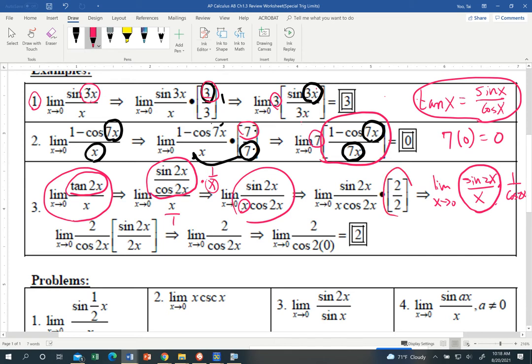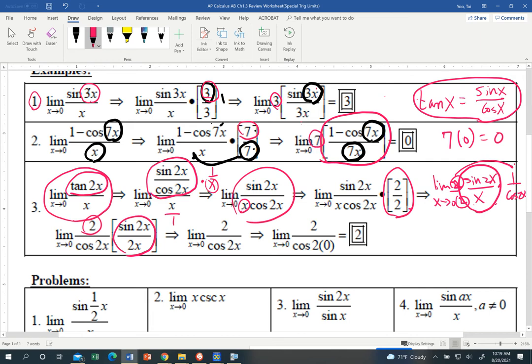You need to multiply top and bottom by 2, only to this one. That's why they have this. If you multiply by 2 and 2, you're going to put 2 in front of this so that you can get this right here. You see it? But we have that additional 2. We can't just erase it, we've got to put it with the other part. That's why they put 2 with the other part.